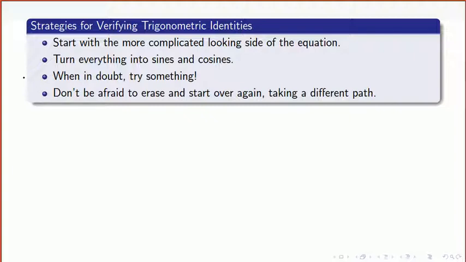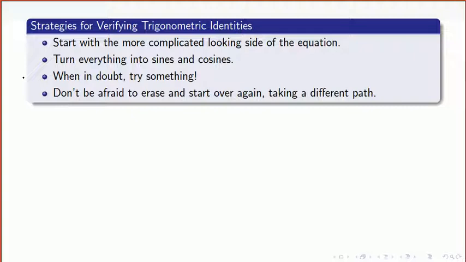Number 3, when in doubt, try something. For very few of these problems can I see all of the steps along the way that are going to lead to the verification of the trigonometric identity. Sometimes you have to get in there and play around a little bit, and as you work with the problem, a solution presents itself.